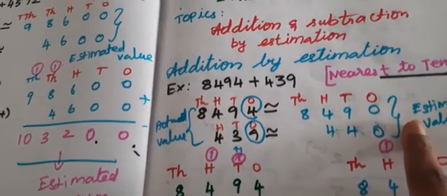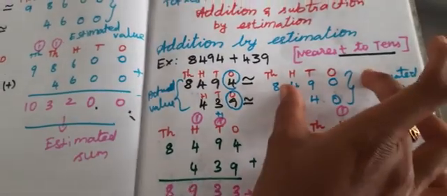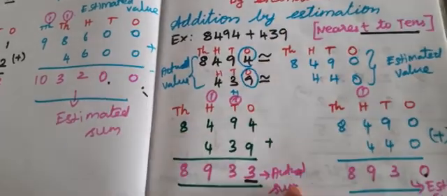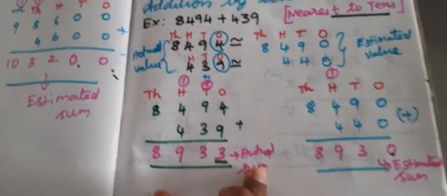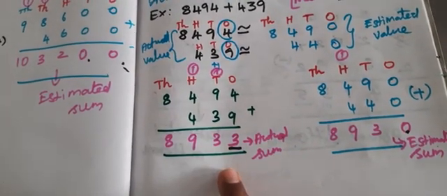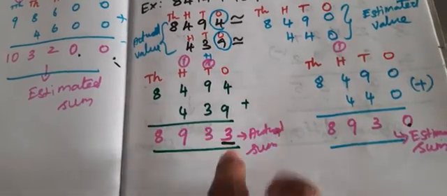So apply that concept, find the estimated value, and then you have to arrange that estimated value in columns. The actual value is also arranged column-wise. Use the addition process. We will get one answer. That answer we call the actual sum and the estimated sum.